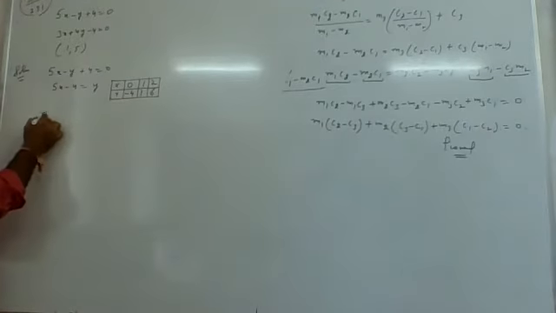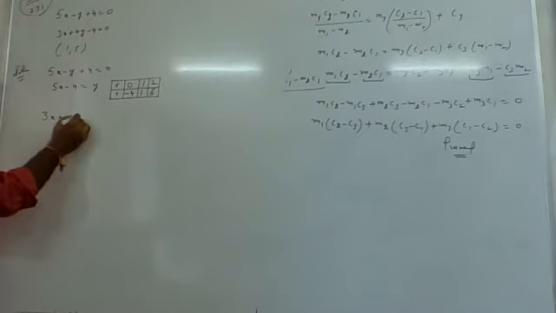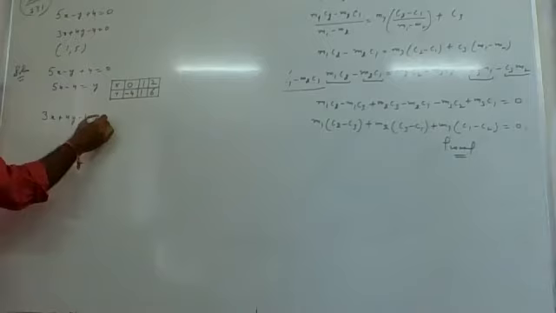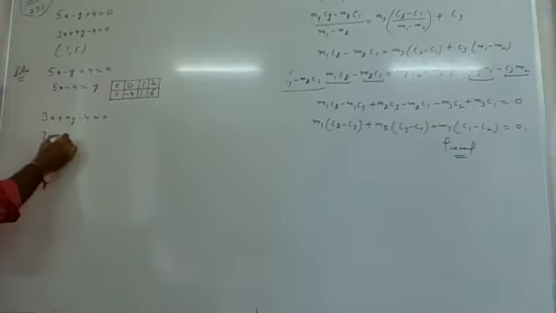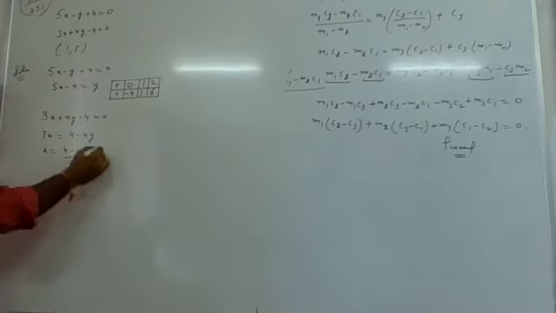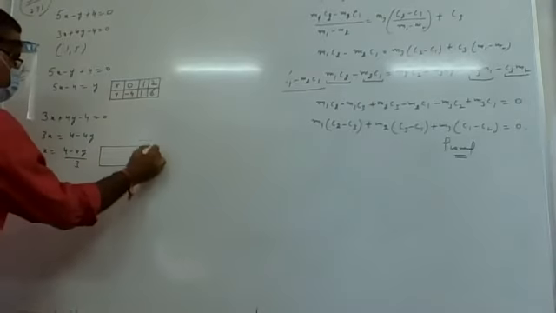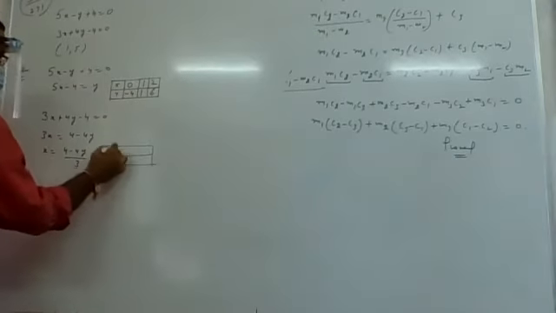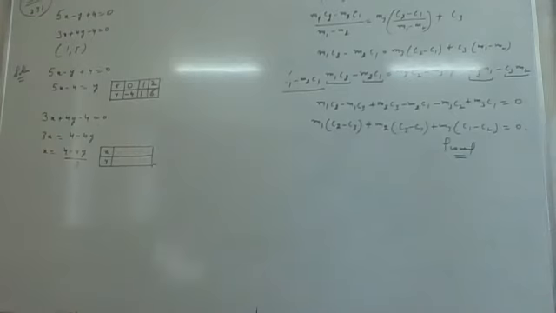For the second line, 3x plus 4y. 3x is equal to 4 minus 4y, and x is equal to (4 minus 4y) upon 3. Model calculations, okay son, check them.